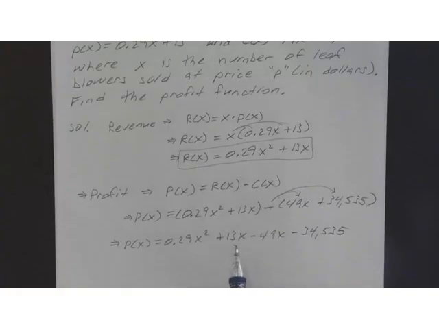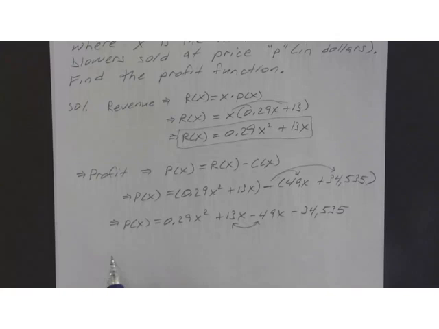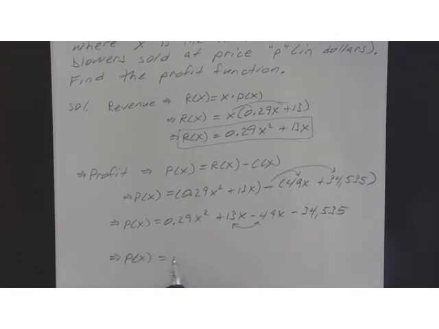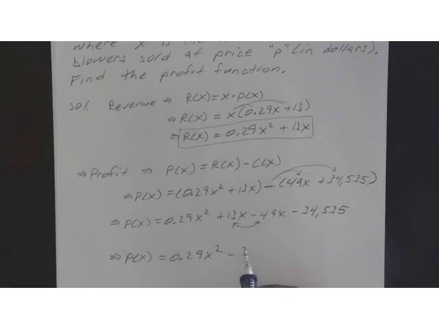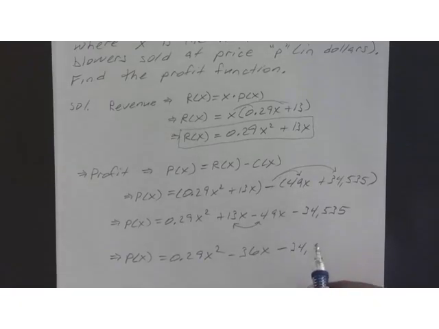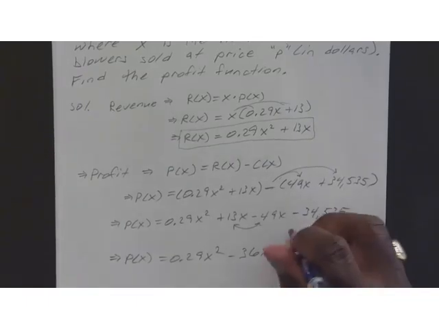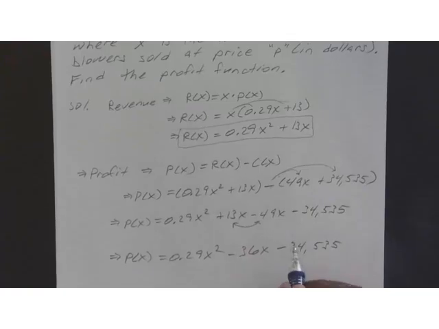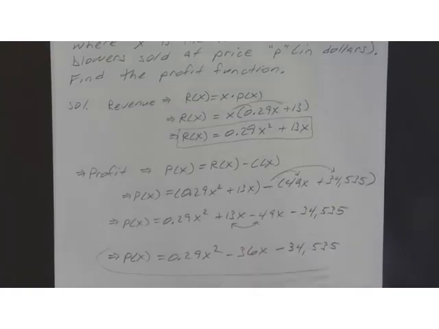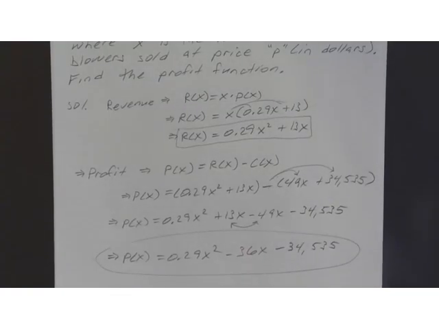So just to simplify it, we can combine those two X terms, which means our profit function is equal to 0.29X squared minus 36X minus 34,535. Make that 3 a little bit neater. There we go.